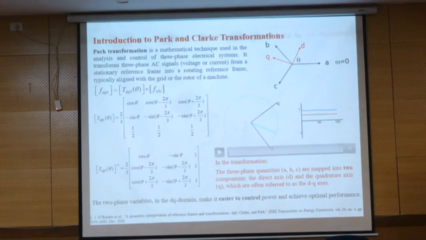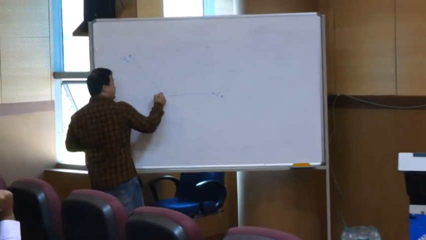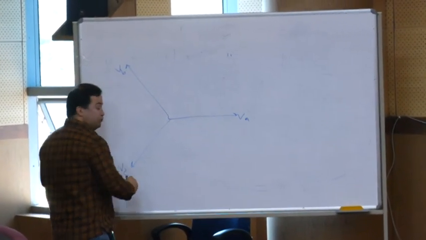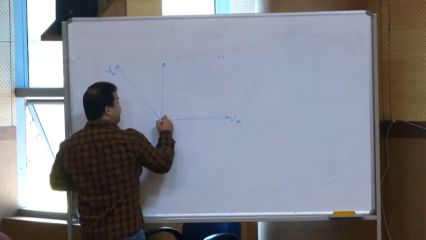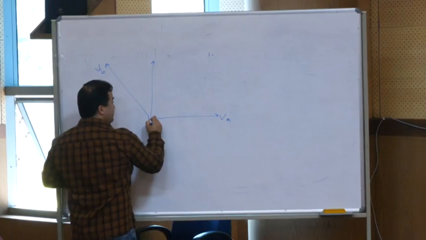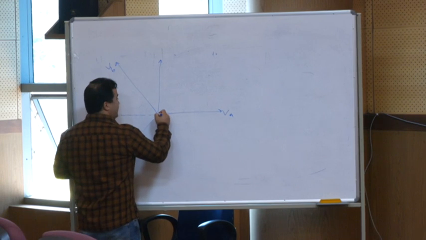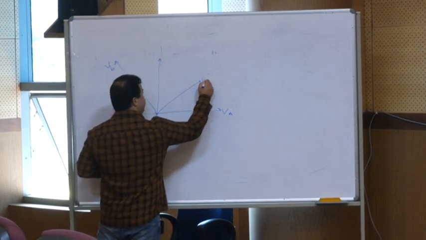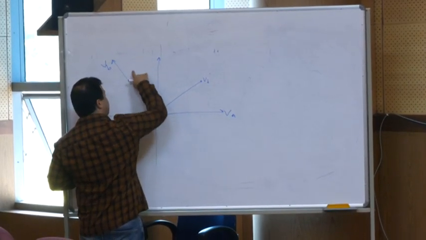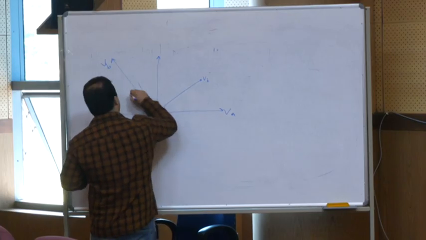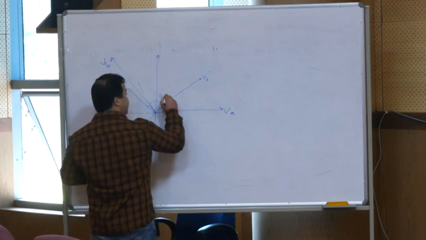This is VA, okay, this is VB, and this is VC. Do you agree? So we transfer it to VD and VQ, and there is 90 degrees between them.